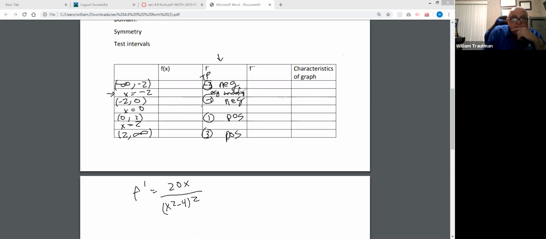When you plug -2 into that original problem, it's an undefined slope. Undefined slopes are vertical lines, right? That's an asymptote. Same way with 2, if you plug 2 in there, it's an undefined slope. First derivative is telling you what kind of slope you have.